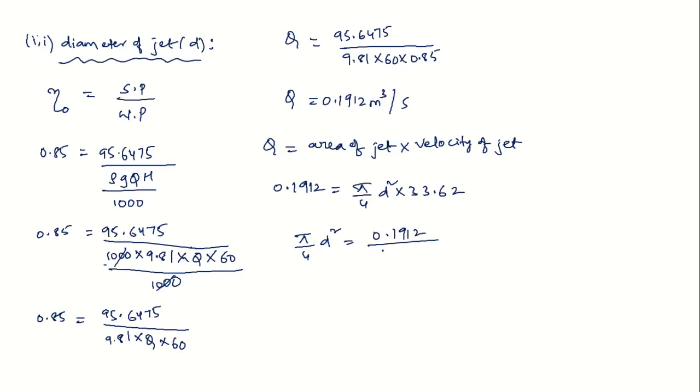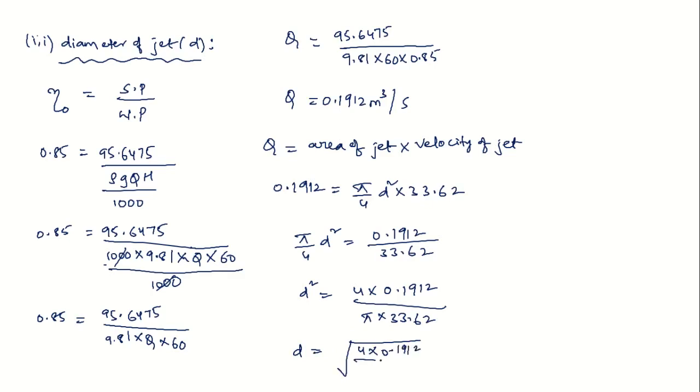So from here, it's easy to get pi by 4 d square equal to 0.1912 by 33.62, and from here d square will be equal to 4 into 0.1912 by pi into 33.62, and finally our d will be under root of this complete value, 4 into 0.1912 divided by pi into 33.62.